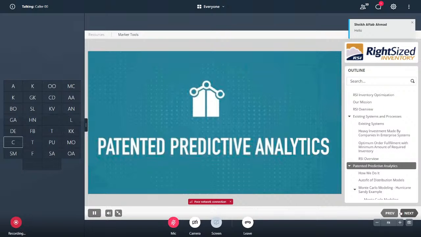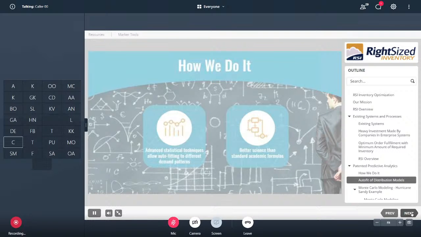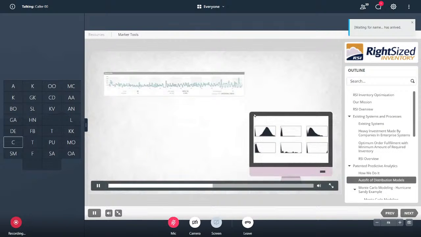So the first thing that we do is we build, model, run, and then simulate the individual inventory item level at each location. And then we conduct a big data, deep dive analysis to identify different demand distributions based upon that inventory item's individual demand pattern. In this short video coming up, you're going to see that auto selection, or auto fitting, of one of 6 different variations.